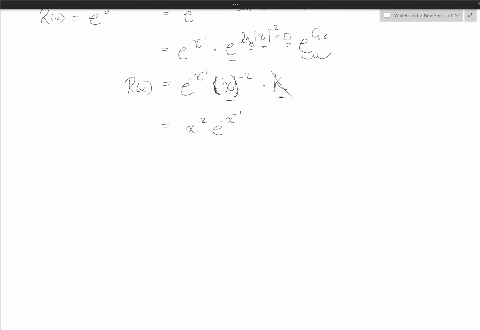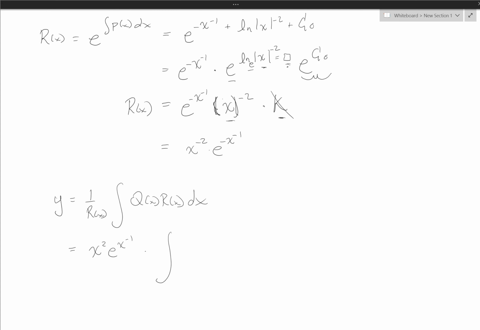And so now if we just jump straight to our solution, what is the solution for y? It is 1 over r of x times the integral of q of x times r of x dx. So let's plug things in. 1 over r of x, so this is negative, becomes x squared e to the x to the negative 1, times this integral.